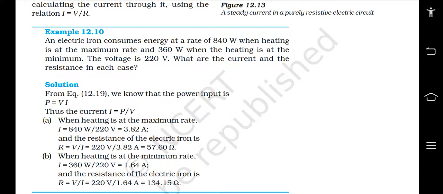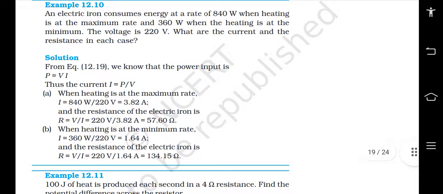We know that power equal to V into I. Okay, keep in mind, power equal to V into I. So V into I, we divide by V. Then what will we get? I will remain. V into I divided by V, then V will cancel and I will remain.